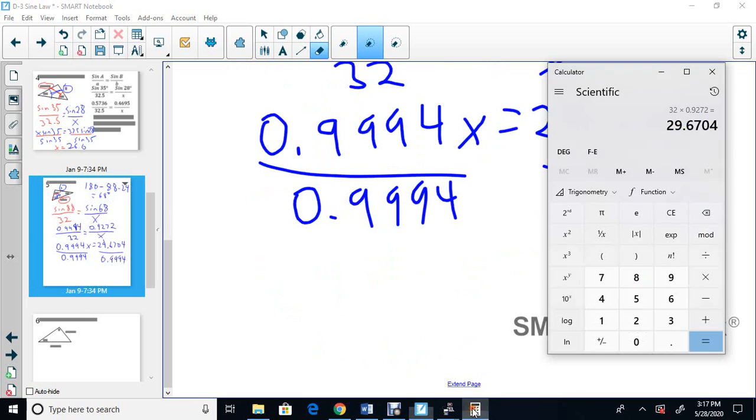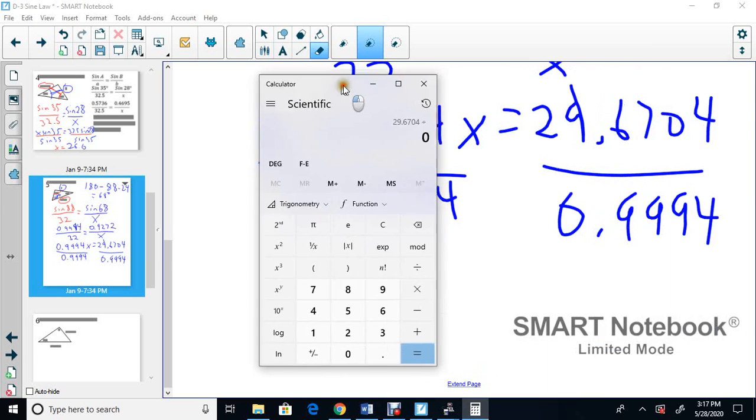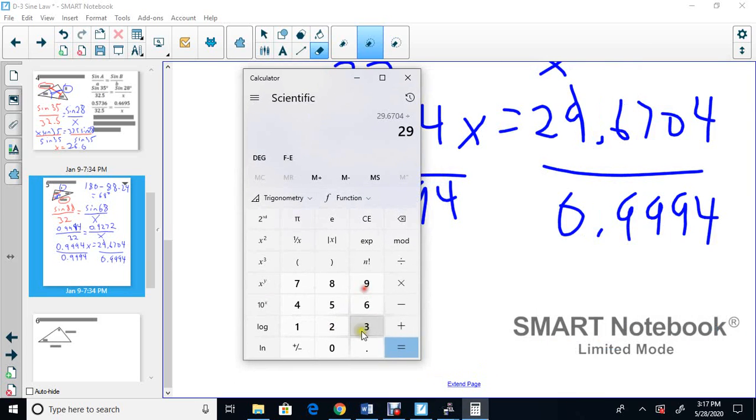Let's take a look here. 29.6704 divided by 0.99. Whoops, we better do that again. Something didn't come out there. 29.6704 divided by 0.9994, and you get 1.